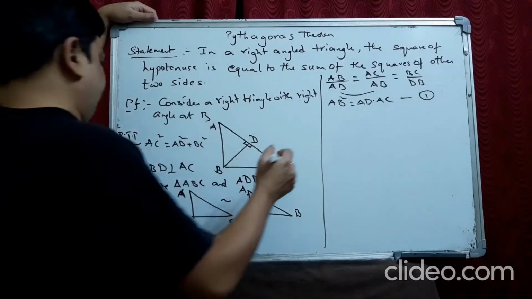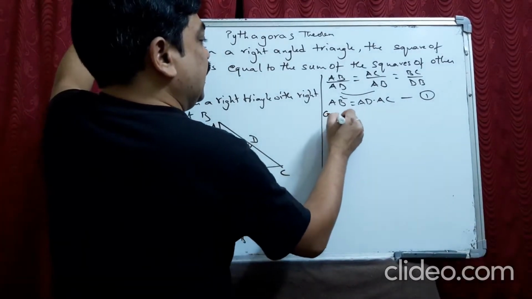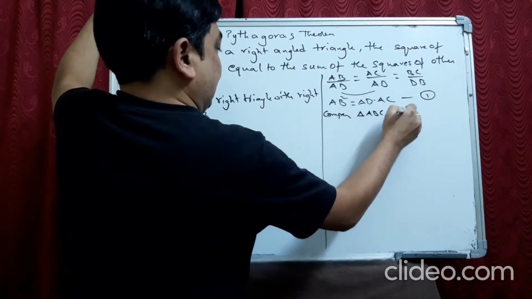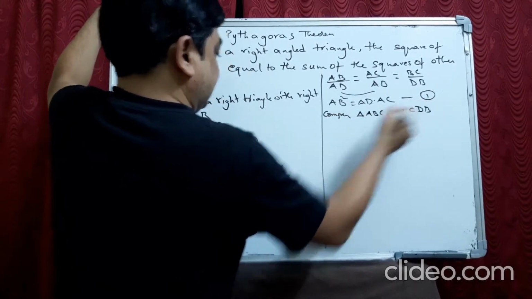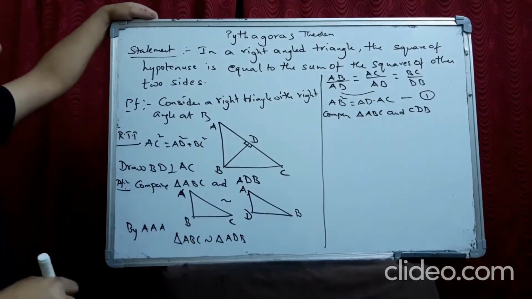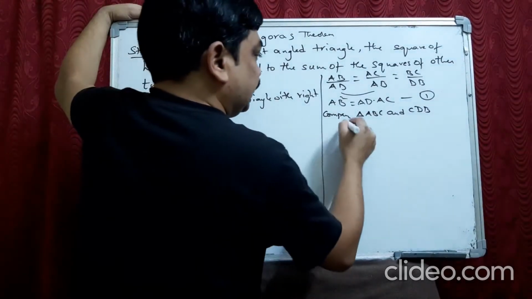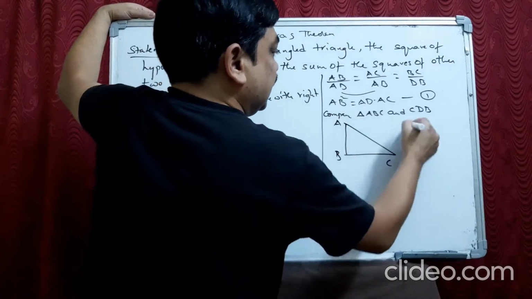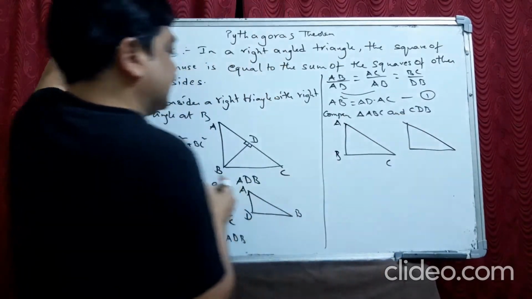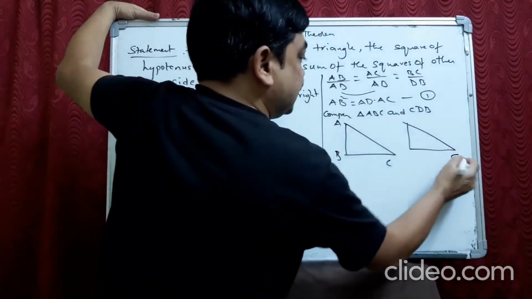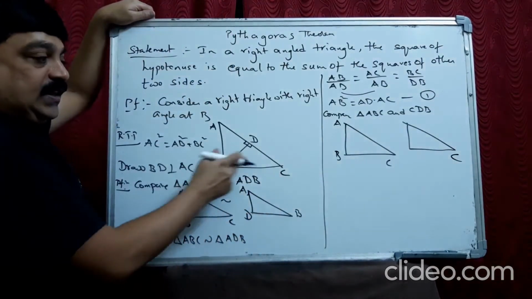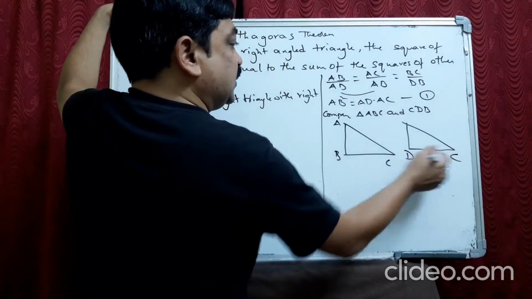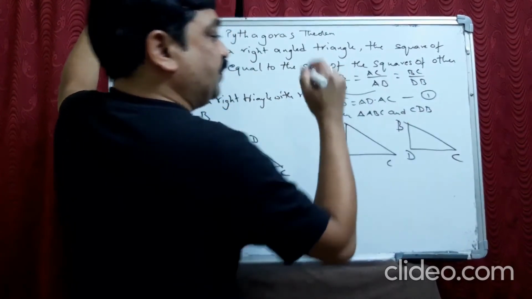Now again I compare the big triangle ABC and triangle CDB. When you take triangles ABC and CDB, angle C is common in both, and the right angle is at B in ABC and at D in CDB.